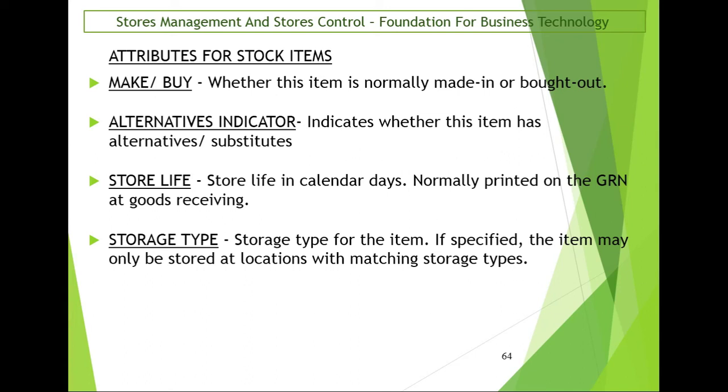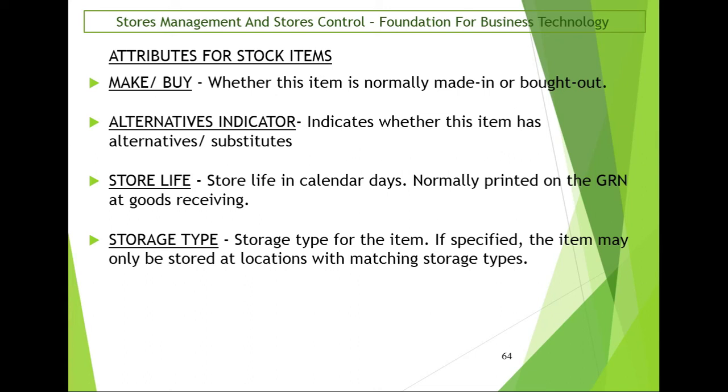So the alternatives indicator shows us whether this item has got alternatives or substitutes, because there are certain items which if you don't find it, you can use a different part number. So we specify if for that particular item there are alternatives or substitutes. Then there is shelf life.